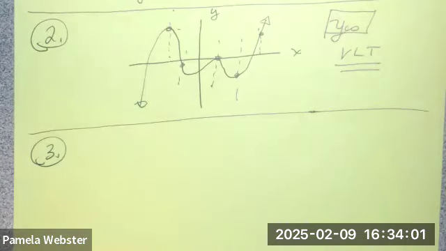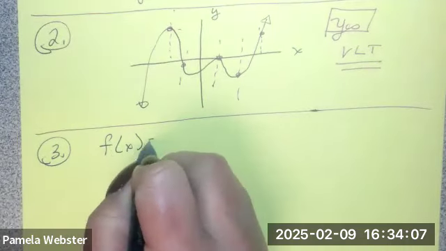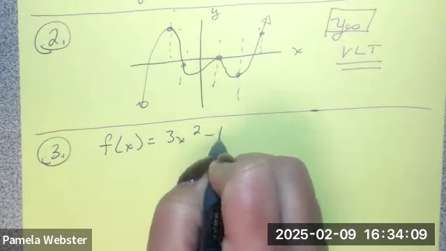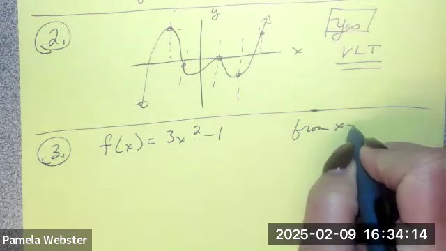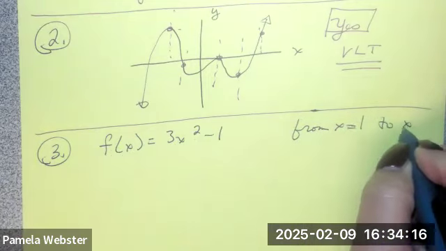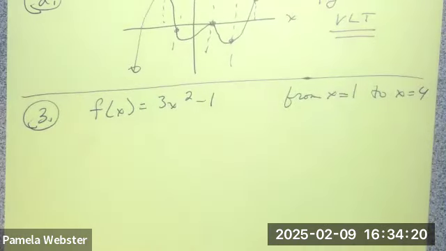All right. Number 3, find the average rate of change of the function. And it's f of x equals 3x squared minus 1, and it's between x equals 1 to x equals 4. Okay, remember this idea of average rate of change is exactly the same as whenever you have a slope.